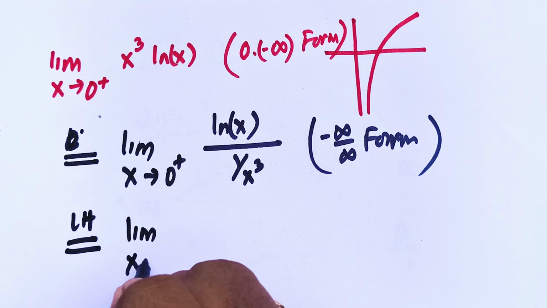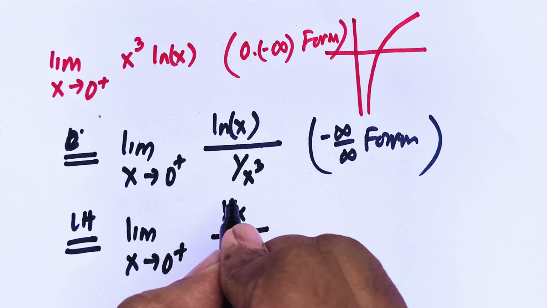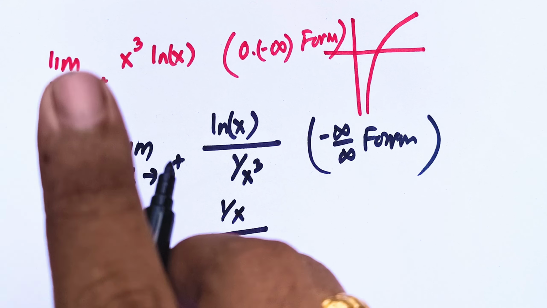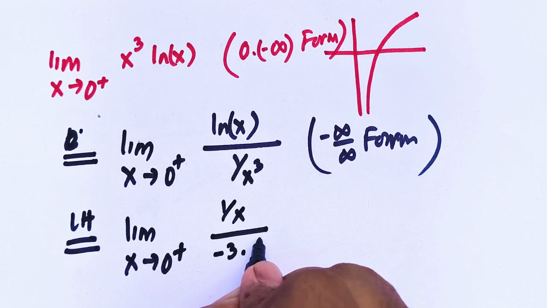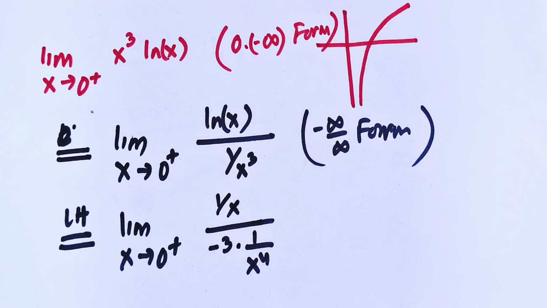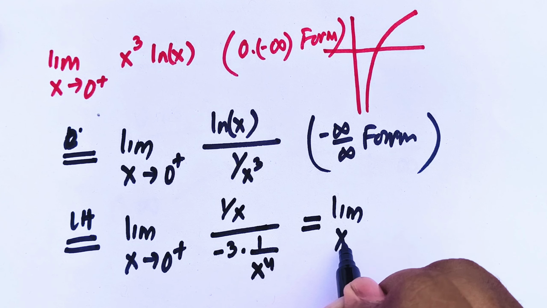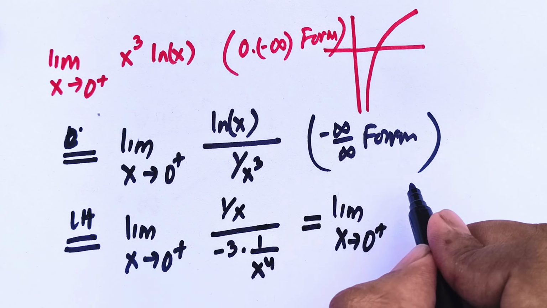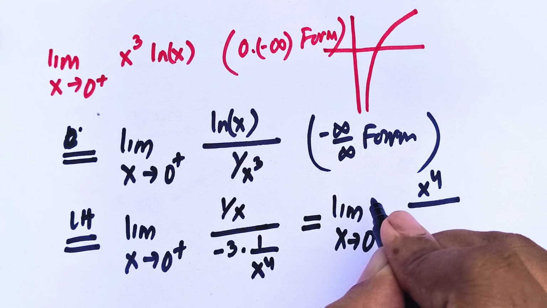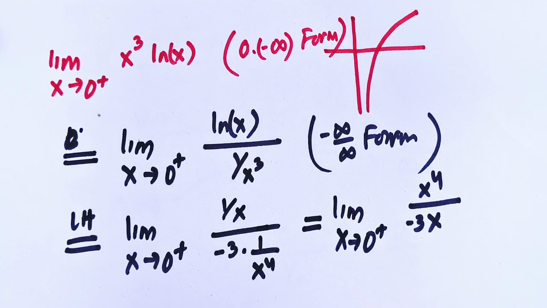So what it becomes, derivative of top is 1 over x. This is x to the power minus 3, so the derivative is minus 3 times x to the power minus 3 minus 1, which is 1 over x to the power 4. So we can simplify this one as, take x to the power 4 to top, and we have x in bottom, and here we have minus 3.